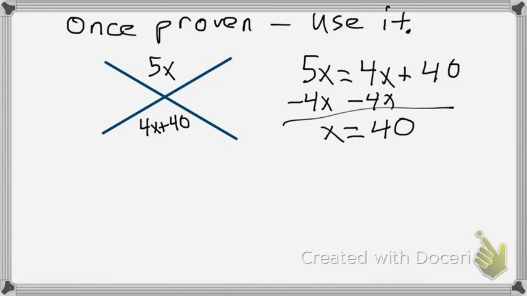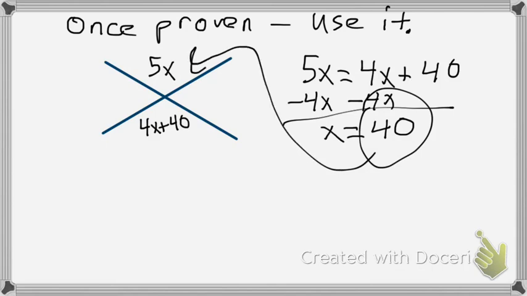If it asks to find the measure of the angles, then we take this 40 and plug it in there and down below, basically checking our work. But if it asks just for x, then we're done. If it asks for the measure of the angle, you go back and plug x back in. See how it goes.